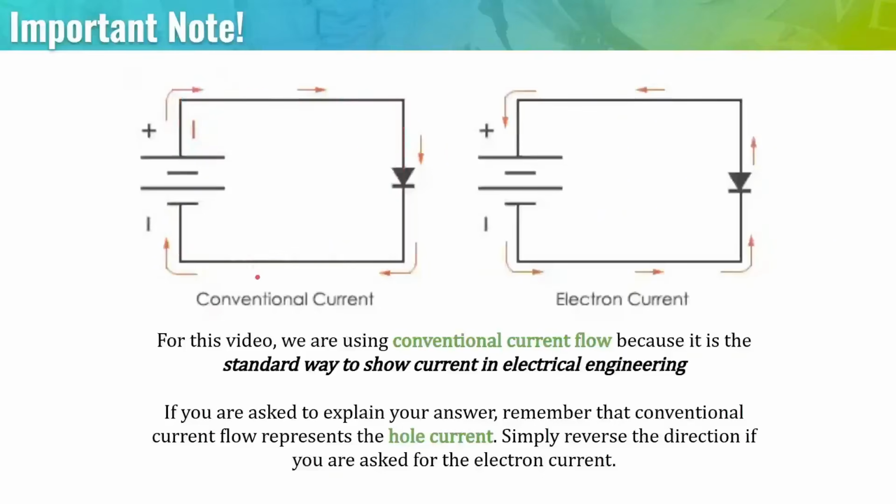In the context of this subject, conventional current is also the same representation as the hole current. If you're being asked for the direction of the electrons actually moving, you need to use electron current, which is going the other way.